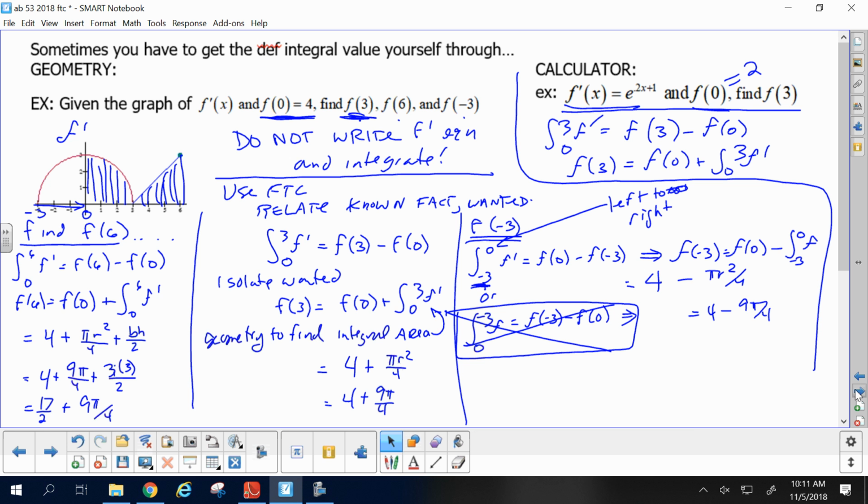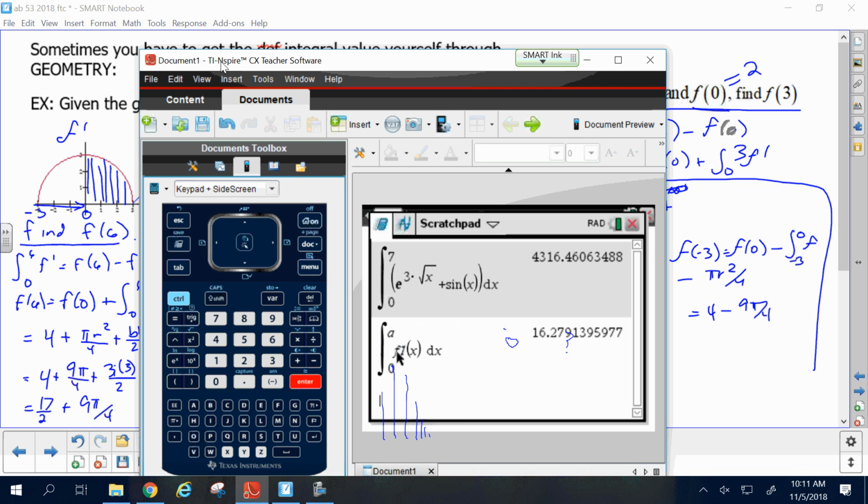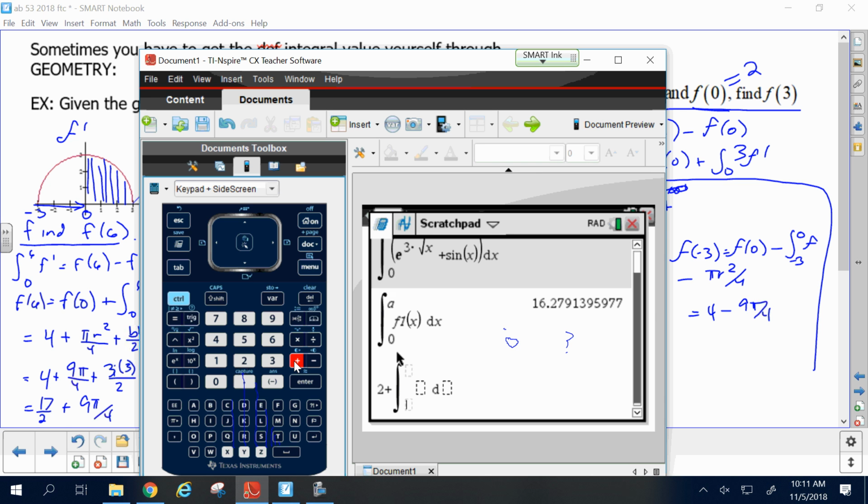Let's say we pick up our calculator and go f at 0, which is 2 plus shift plus the integral from 0 to 3. I could have put the function in, but because this is only one question, I don't really think it's necessary. Let's just type in the integrand, what the function is.